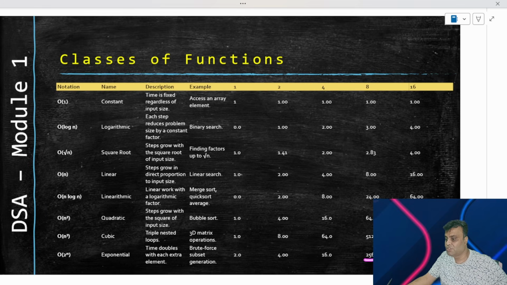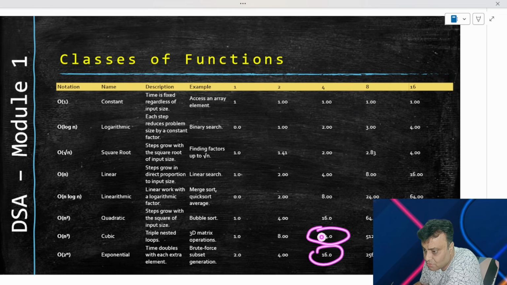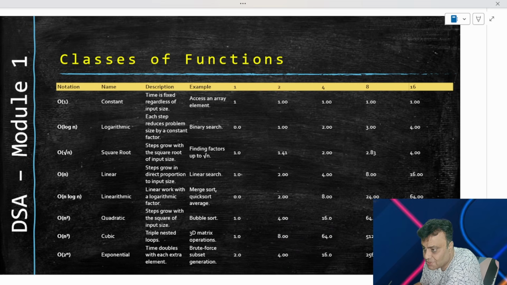It goes from 256 to 65,536. Do you notice here that 2 to the power n is less than n cube when you are at 8? 2 to the power n is less than n cube when you are at 4, and at 2, right? But 2 to the power n crosses n cube when you are at 16.